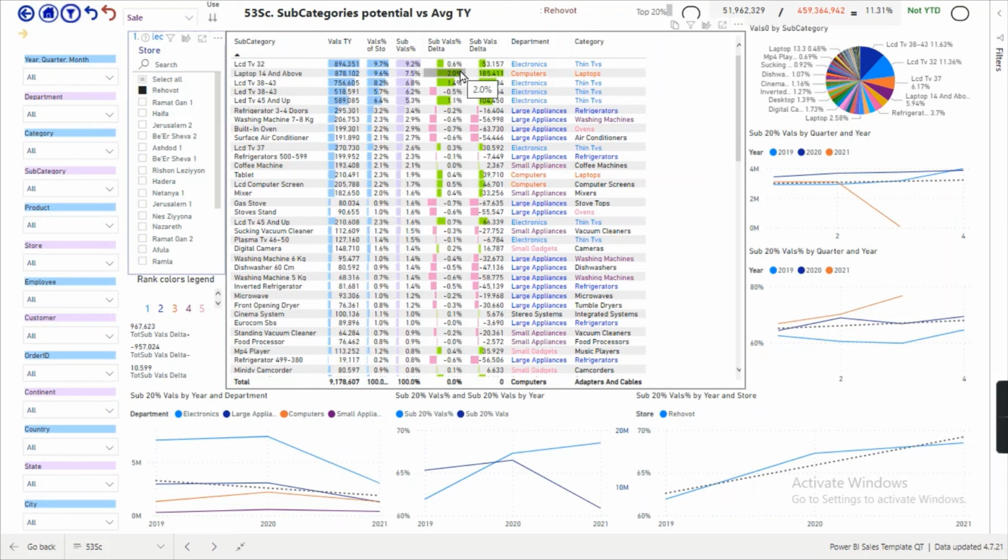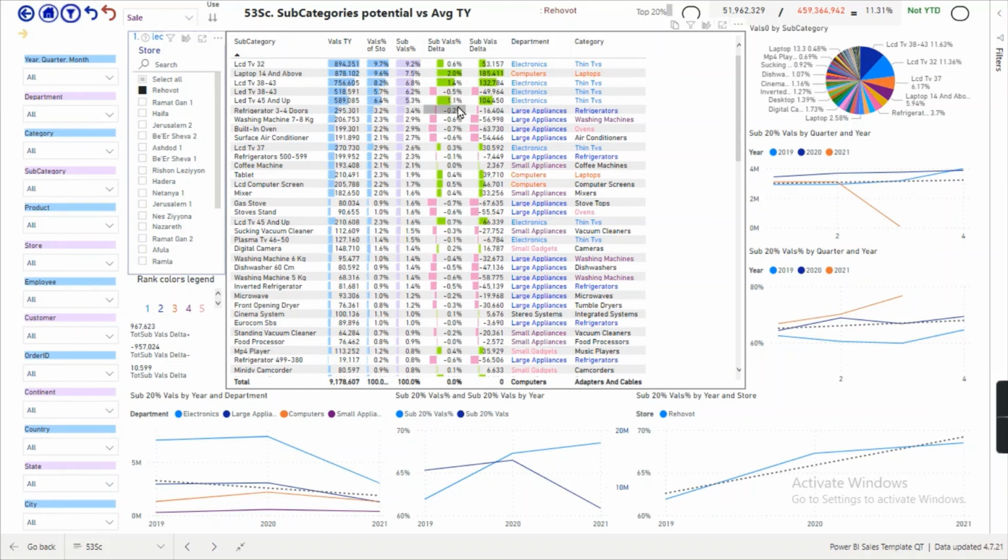So what's strong, above the average, in Rehovot, in this store? We see plus 2% delta above the average for big laptops, LCD 38-inch and above, and edge LED TVs.